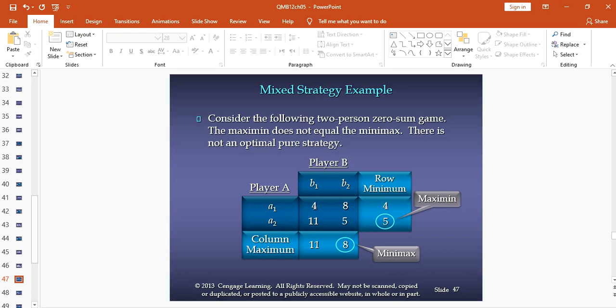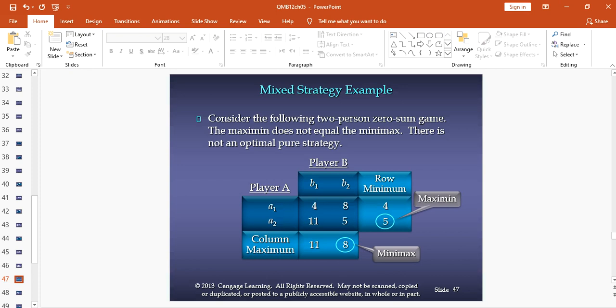The highest minimum, maximum, and minimax are not equal. Okay, 8 is not equal to 5.